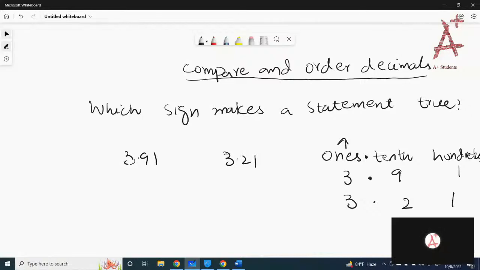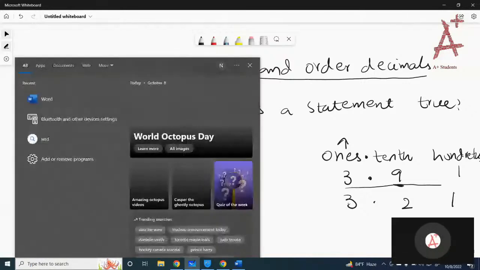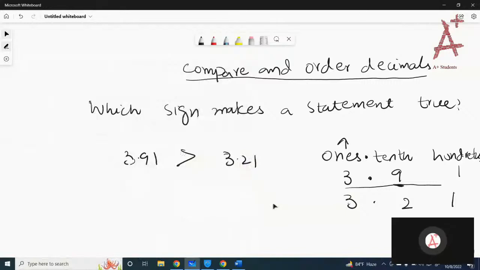Got it? Now you have to look at the tenths digit. Here you have 9 and here you have 2. So 9 is greater than 2. That means 3.91 is greater than 3.21. Got it? That's how you compare them, starting from their highest place values. Got it?